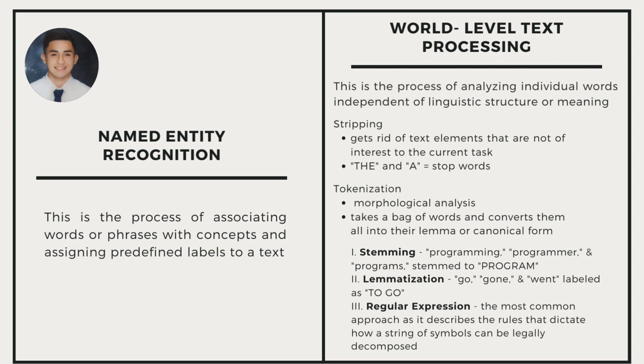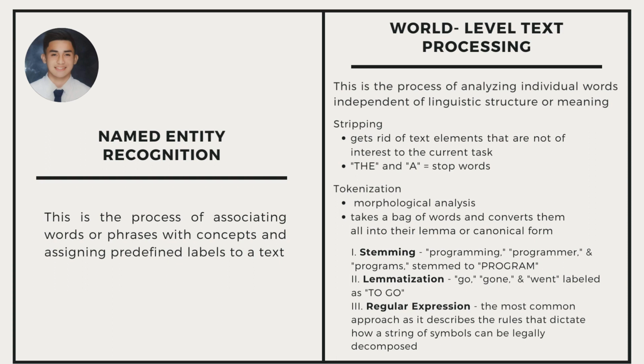Examples are the words programming, programmer, and programs, which are all reduced to program. The next would be lemmatization, which is a more comprehensive approach than stemming, as it uses complex methods. Examples are the words go, gone, and went, which are all labeled as to go.